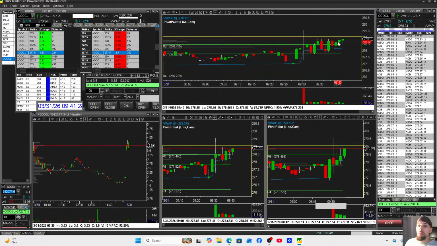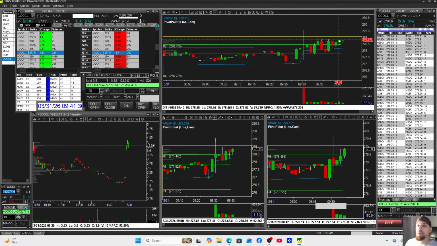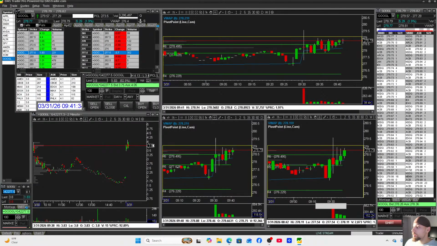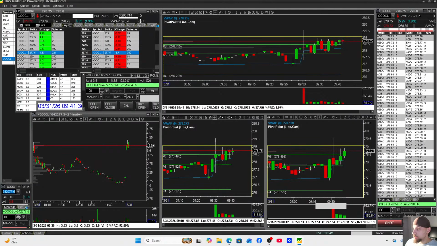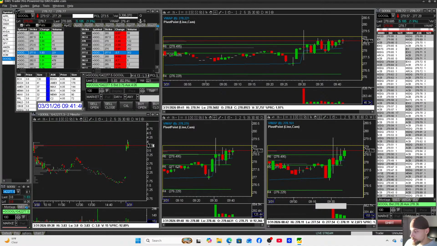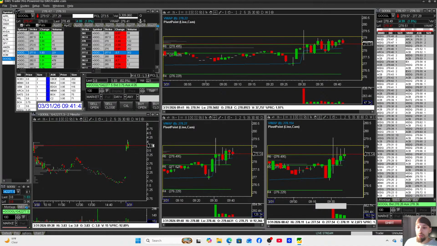Looks like it's thinking about squeezing here. SPY's at the level I marked. It's nowhere near pivot though, so it can just keep grinding up.